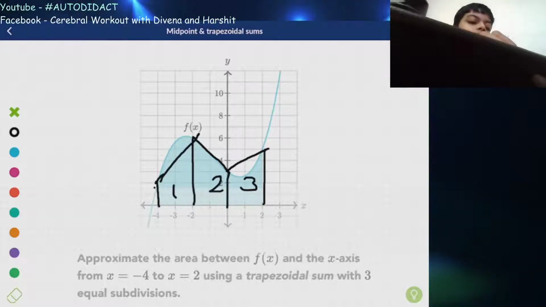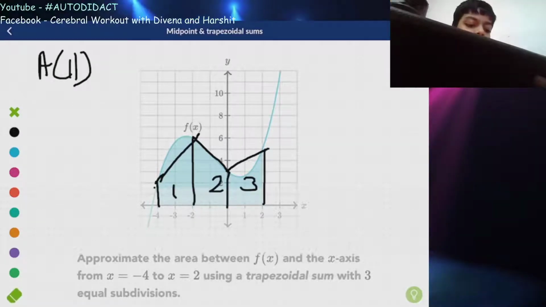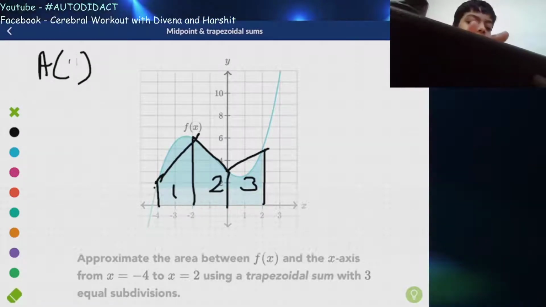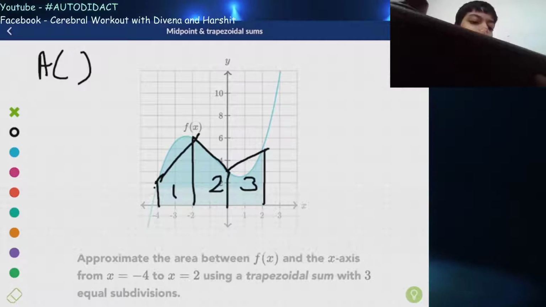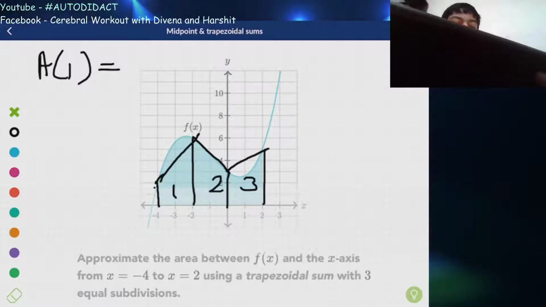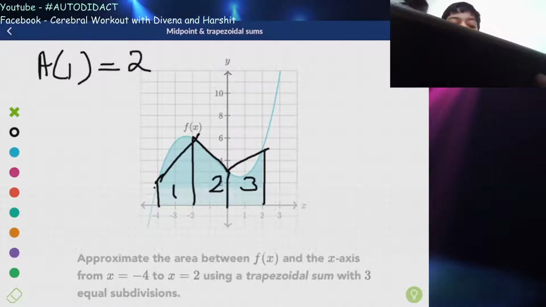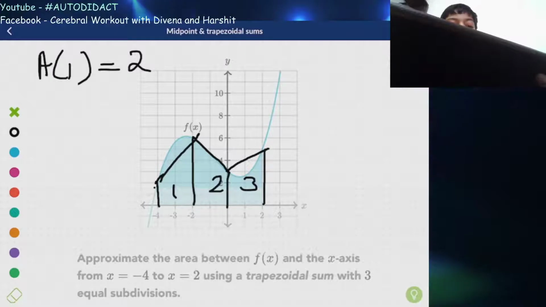So let's see the area of the first trapezoid. Okay, let's see what it is equal to. Its area is equal to its height, which in this case is delta x, which is 2 in this case. So 2 times f of the left boundary.